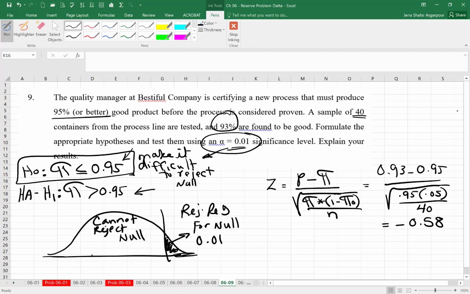So we know that our computed, or observed, test statistic is negative 0.58 over here, because the middle is 0.